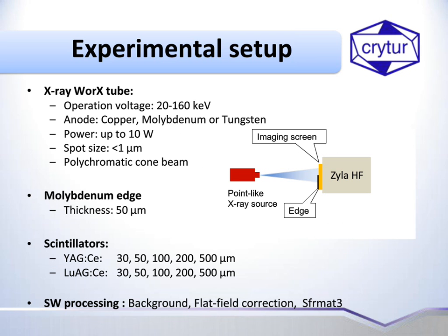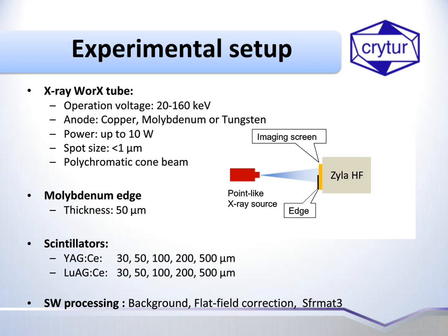This yields a spot size, the best being below 1 micron, which is good for imaging because a finite spot size will affect the resolution of the system. So a very small spot size is great for imaging, and it can be done.